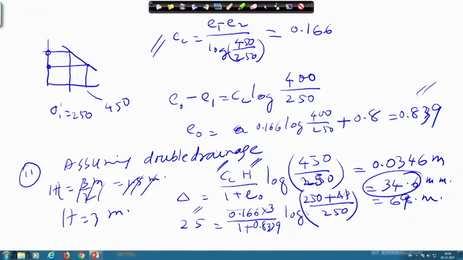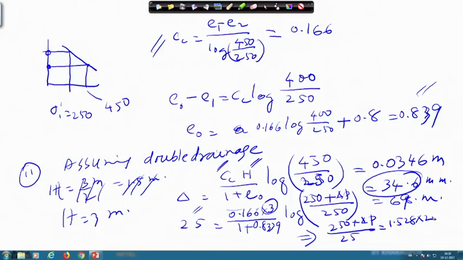If I put the equation in this way and solve it, then by simplifying we will get 250 plus delta P divided by 250 equal to 1.528 into 2, I think, because by mistake I have taken half of that before.